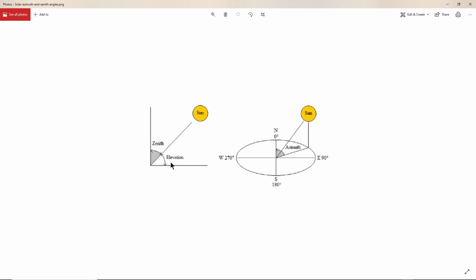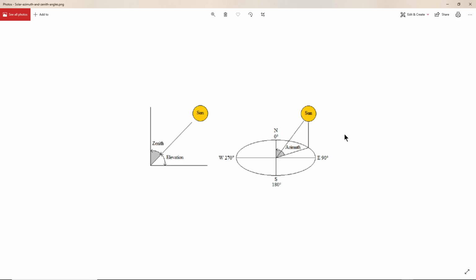And that is the elevation, or the altitude of the sun, and it is the angle from the horizon to the sun. Now here it's a simple picture, but actually the elevation of the sun starts at the very top of when the sun breaks the horizon at the top.